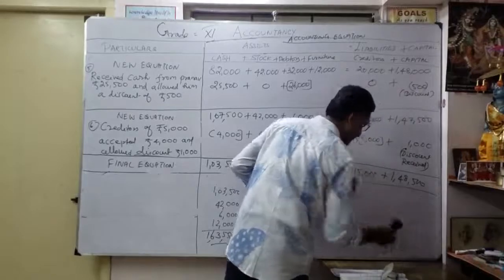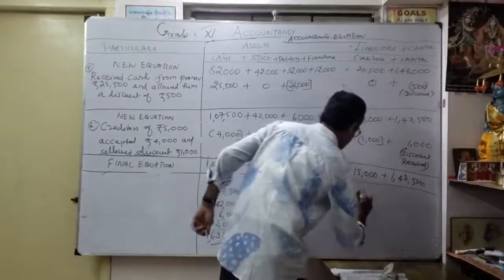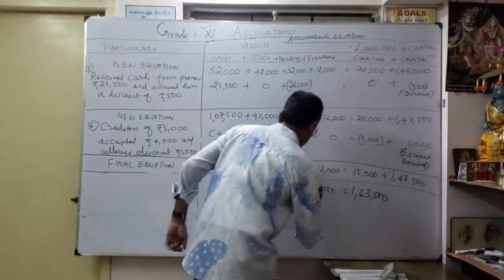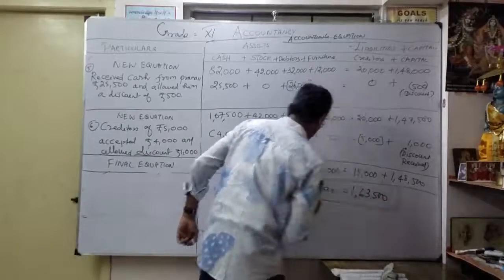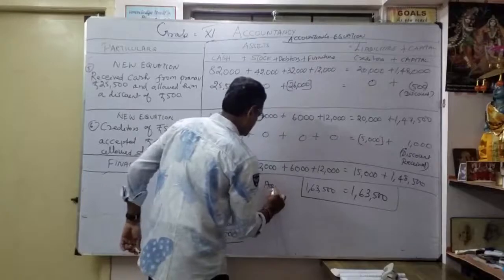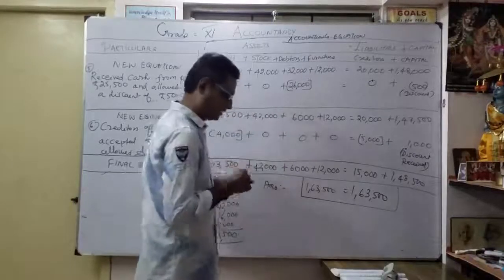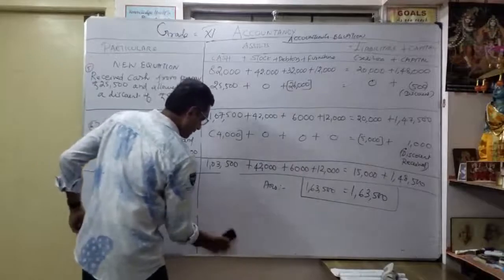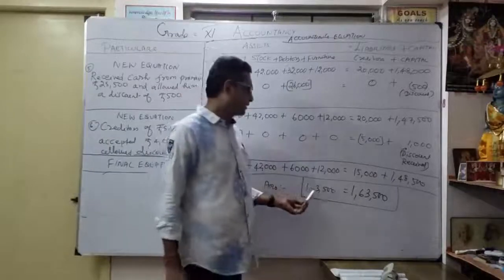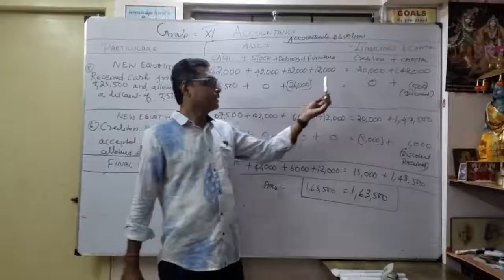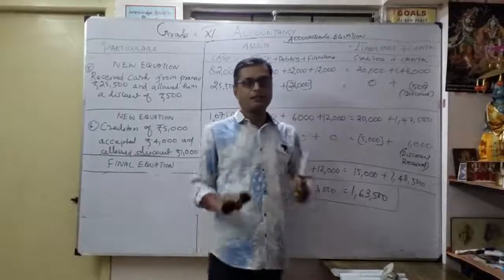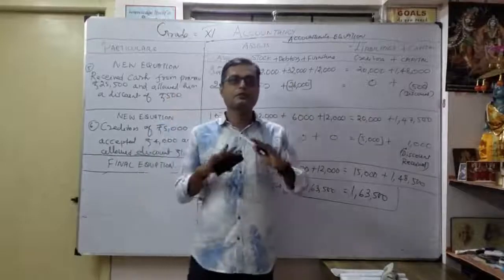So our work is correct. Okay. So we want our final answer like this. For easy understanding, write like this, and our work is correct. So both sides should be equal. My assets are 1,63,500 and my liabilities plus capital are also 1,63,500. So always in our accounting equation both sides should be equal.